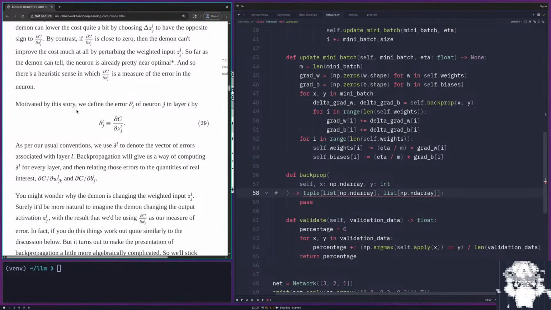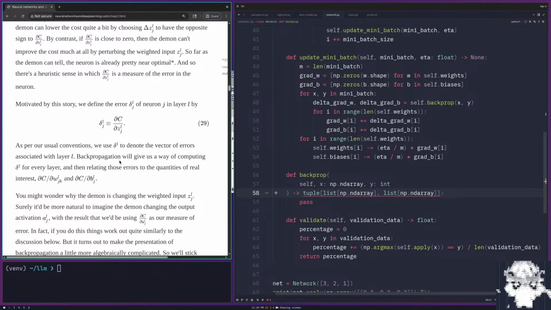Okay. Motivated by this story, we define the error delta LJ of neuron J in layer L by delta LJ, defined as the derivative of C with respect to ZLJ. So the slope of the cost function with respect to the weighted input is what we're going to call delta LJ.